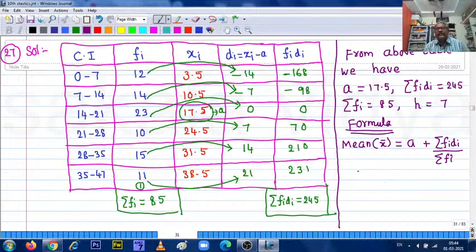So now this equals 17.5 plus sigma Fi di is 245, this sigma Fi is 85. So 5 17s are 85, 5 4s are 20, and next 5 9s are 45. This is 17.5 plus 49 upon 17.